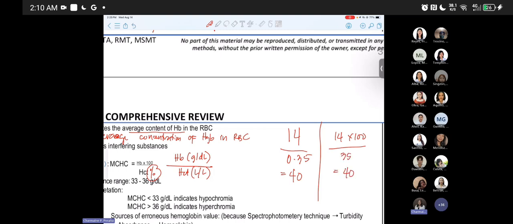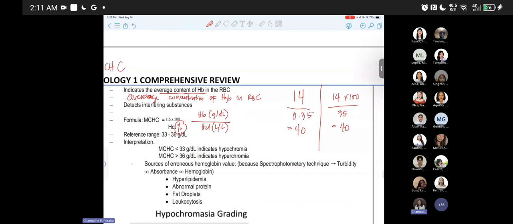Same answer, 40. The unit is grams per deciliter. The reference range of MCHC is 33 to 36 grams per deciliter.